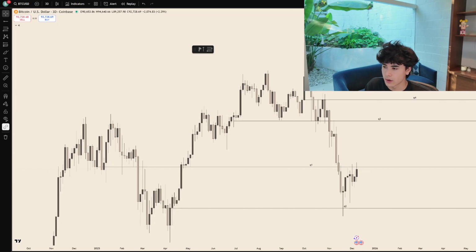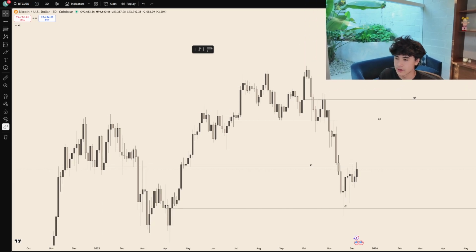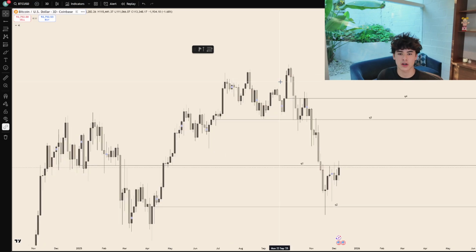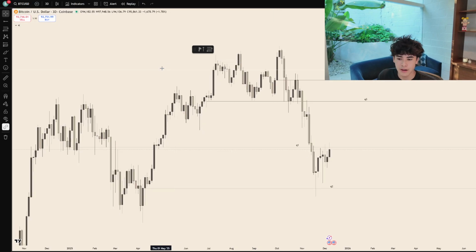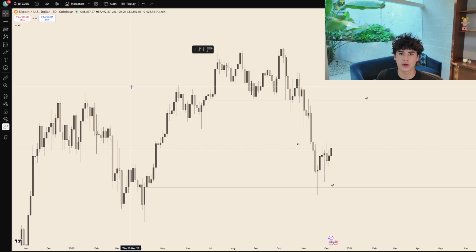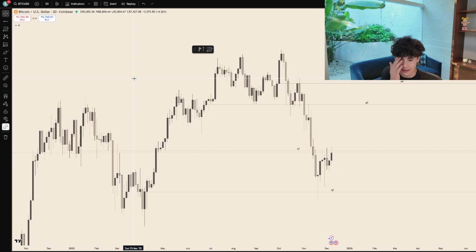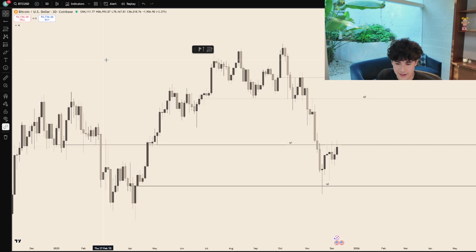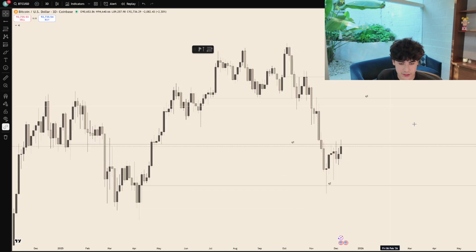Hold on, let me make my camera thing a little smaller. So not only are we respecting off of the current quarterly open, but once we open a new quarterly candle, that doesn't mean that the prior quarterly levels are going to be invalidated. So we can see that the Q2 quarterly level right here at about 82,500 was never really tested until Q4, this current quarter.